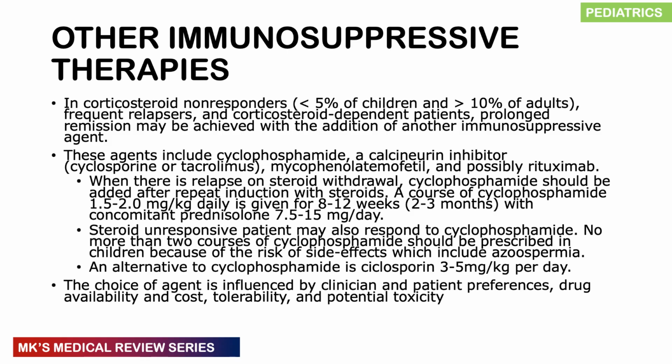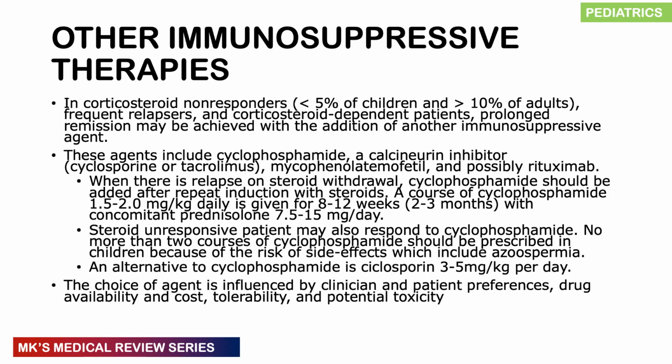When there is a relapse on the steroid withdrawal, then cyclophosphamide should be added and you repeat the induction with the steroids. You're going to give them a course of cyclophosphamide, about 1.5 to 2 milligram per kg daily for about 8 to 12 weeks, that's about 2 to 3 months, with the combined prednisolone, about 7.5 to 15 milligrams per day.